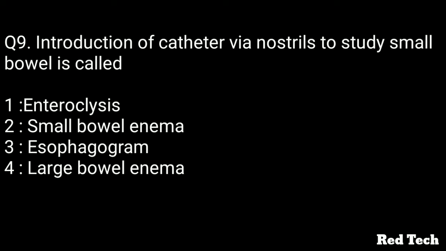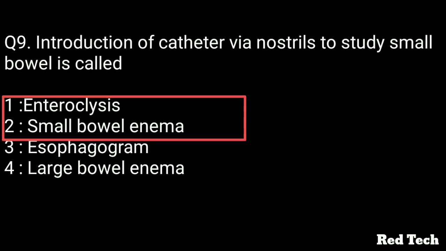The right answer will be option 1 and option 2, both enteroclysis and small bowel enema. According to the RRB, both option 1 and option 2 are correct, so we go with the RRB answer. Enteroclysis is the same process and small bowel enema is also the same process, catheter via nostril.